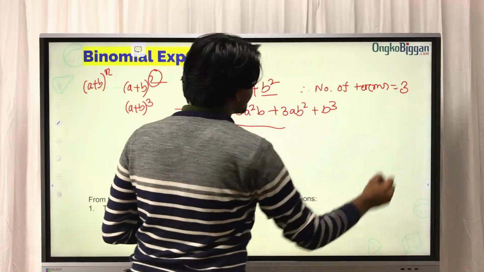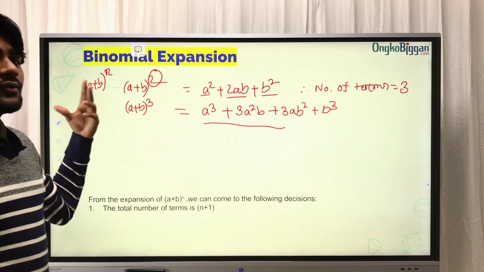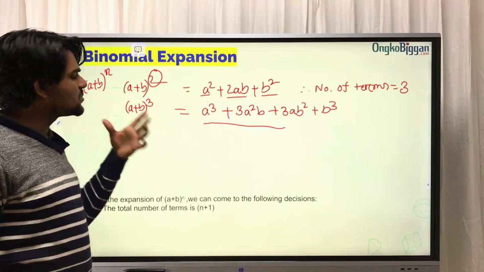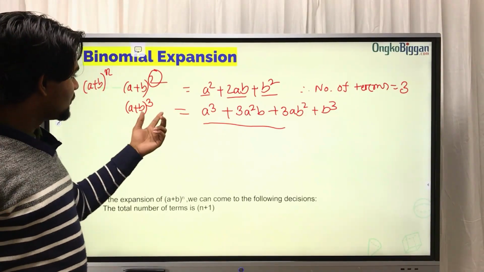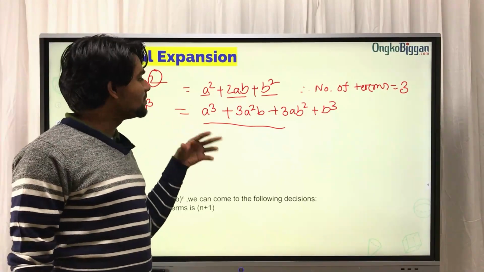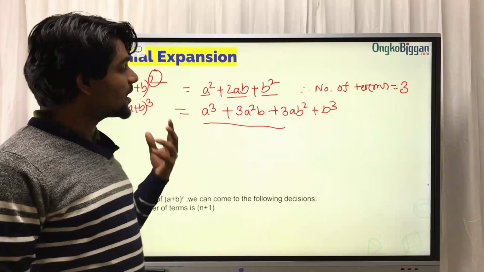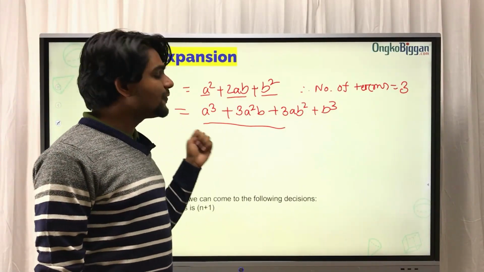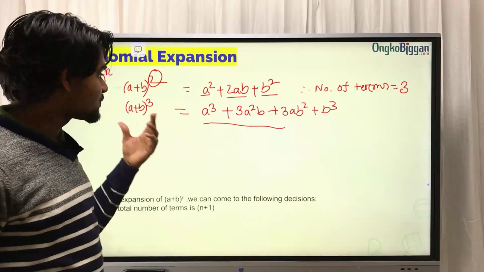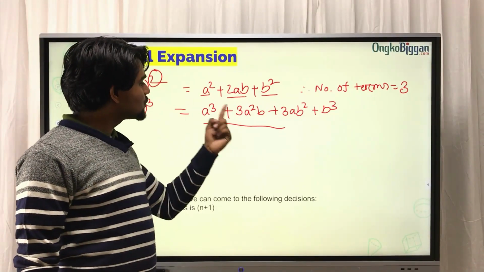Similarly, here we have n equal to 3, so a plus b whole cube, and we get the expansion a cube plus 3a square b plus 3ab square plus b cube. If we count the number of terms, we get 1, 2, 3, 4.